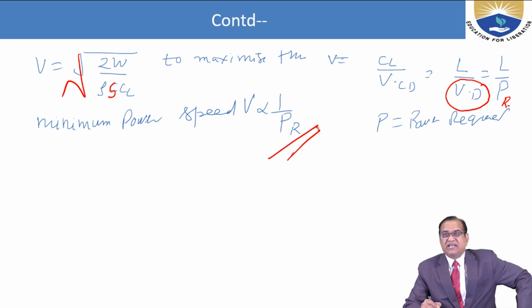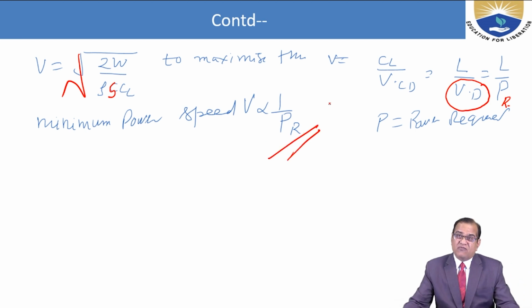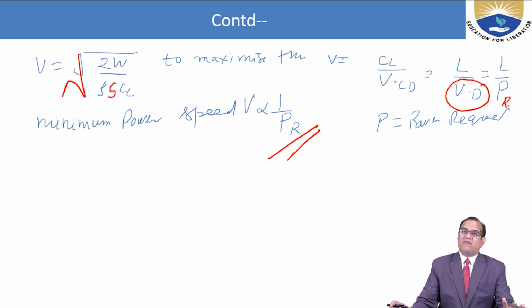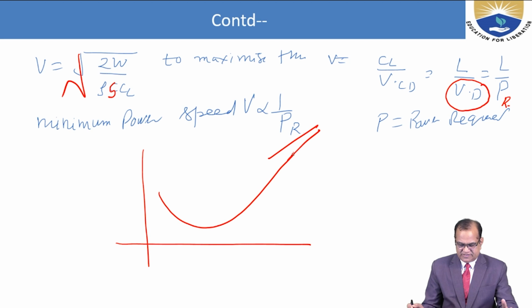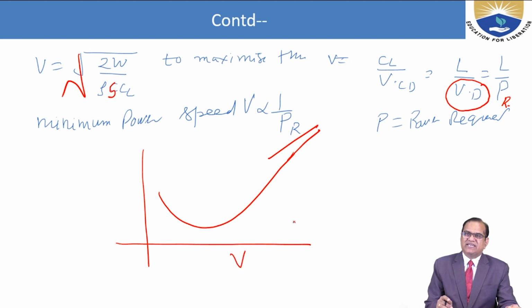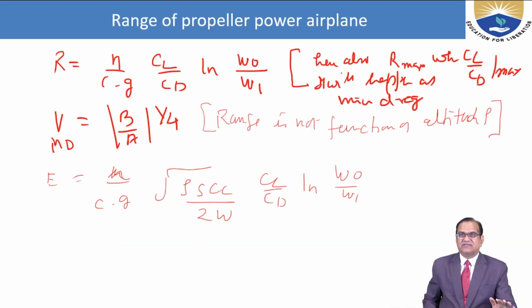So this relation we have to take care of. For the minimum power speed, V is inversely proportional to the power required. So if you see here, like this, as the power is increasing, the velocity will decrease.